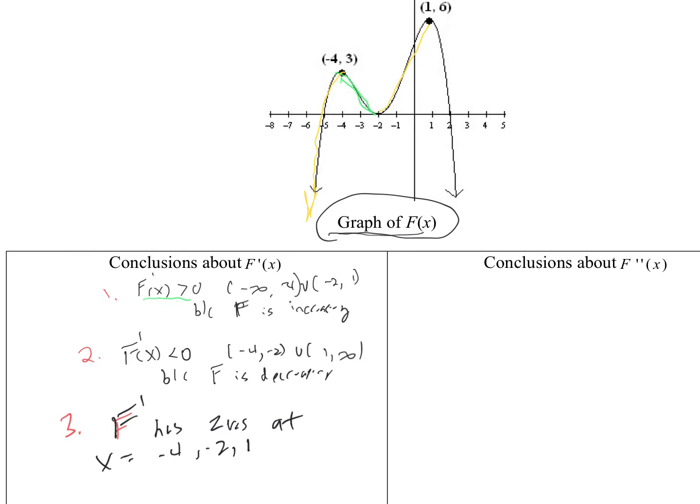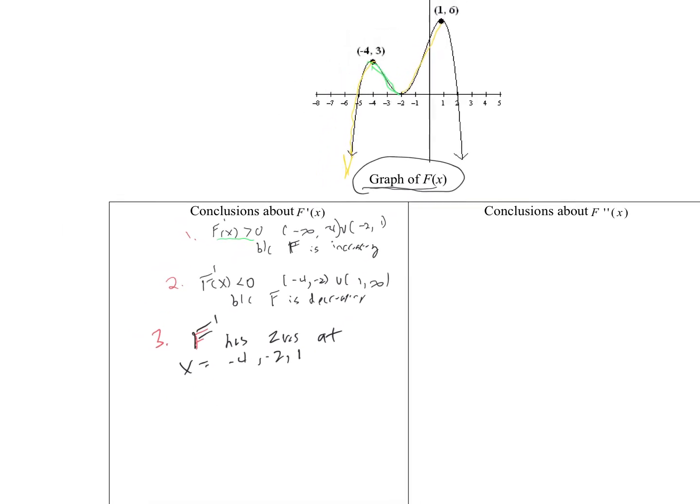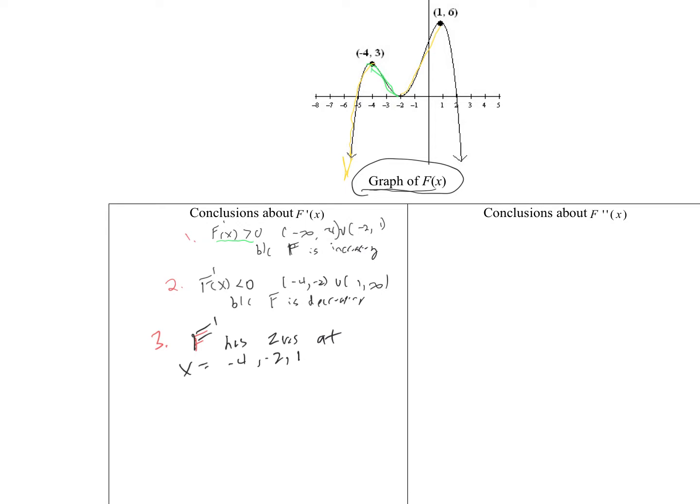Why? Because if you look at it, right here is where the slope is 0. So that means your derivative is 0, because you'd have a tangent line that looks like that. So the slope of the tangent line, your first derivative, is equal to 0 at each of those places.